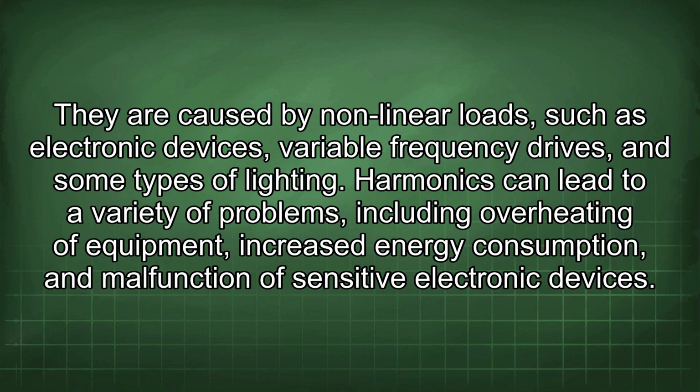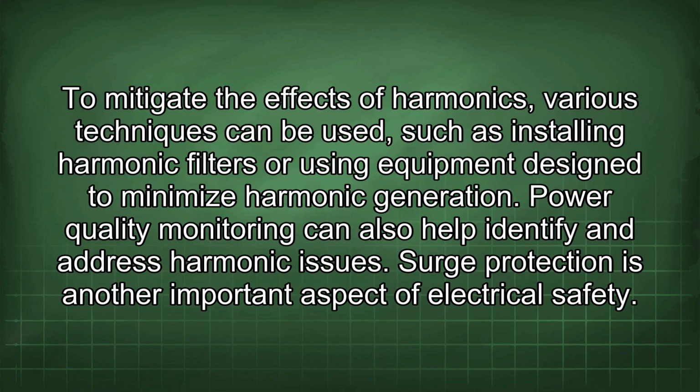Harmonics can lead to a variety of problems, including overheating of equipment, increased energy consumption, and malfunction of sensitive electronic devices. To mitigate the effects of harmonics, various techniques can be used, such as installing harmonic filters or using equipment designed to minimize harmonic generation. Power quality monitoring can also help identify and address harmonic issues.